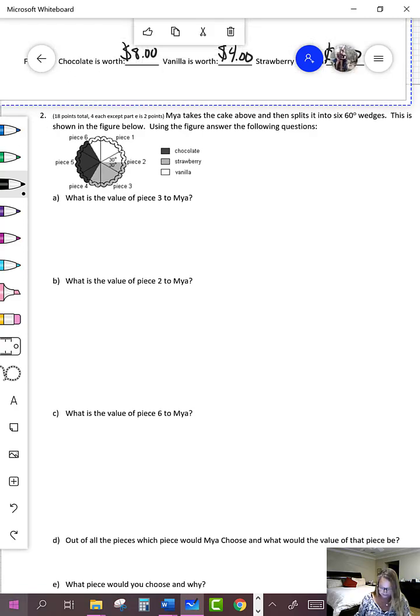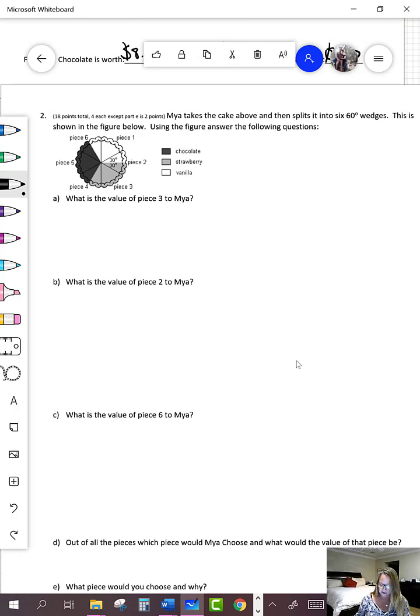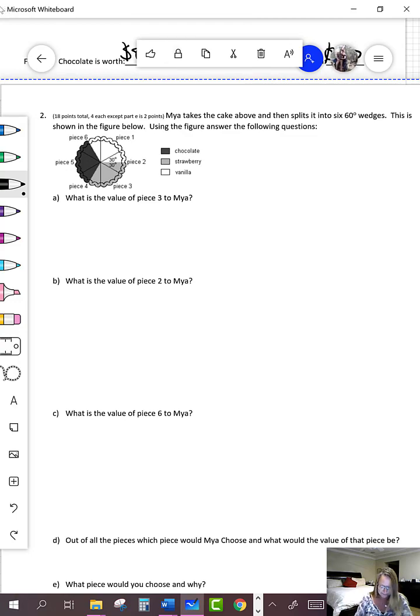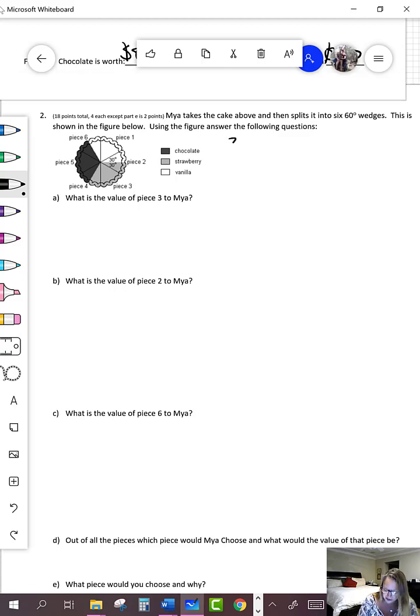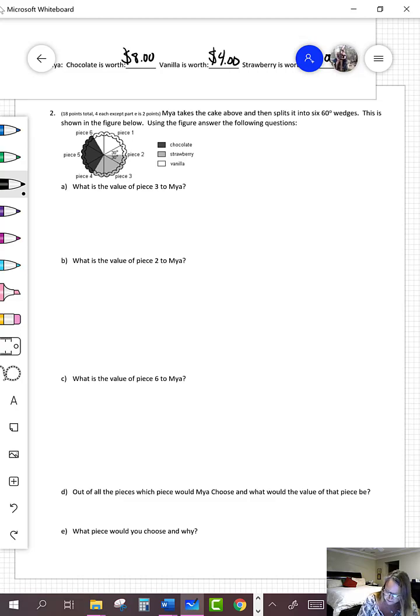So when we do this, we need to go back and think about this. She felt that in each section, because this is 360 degrees divided by 3 different flavors, each flavor has 120 degrees. And so let's look at piece 3.